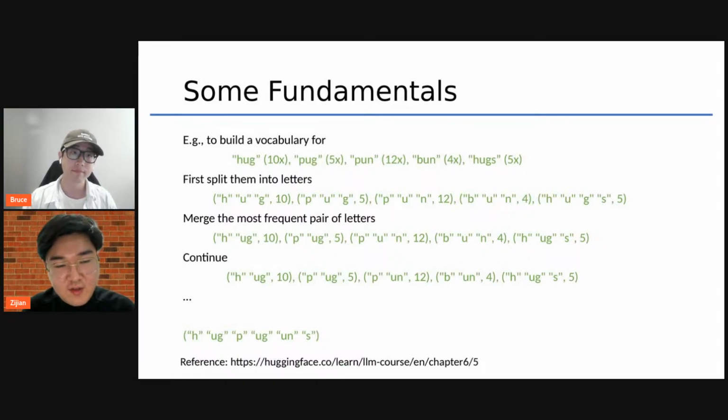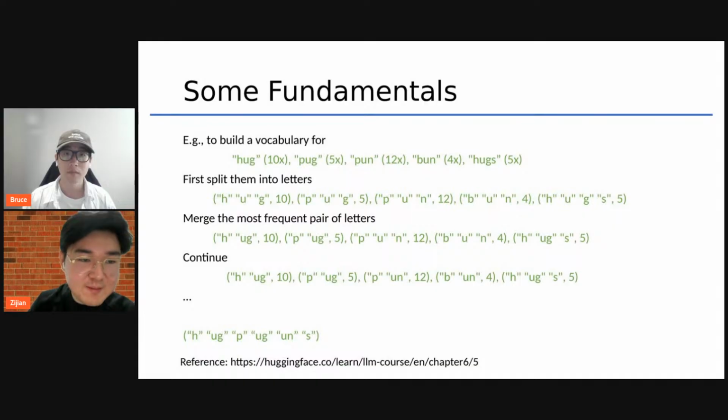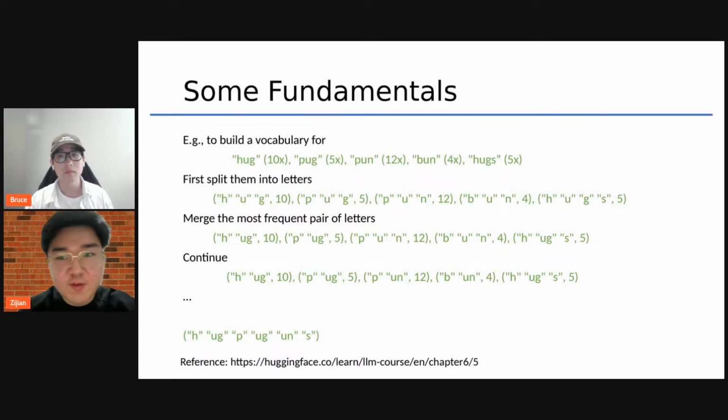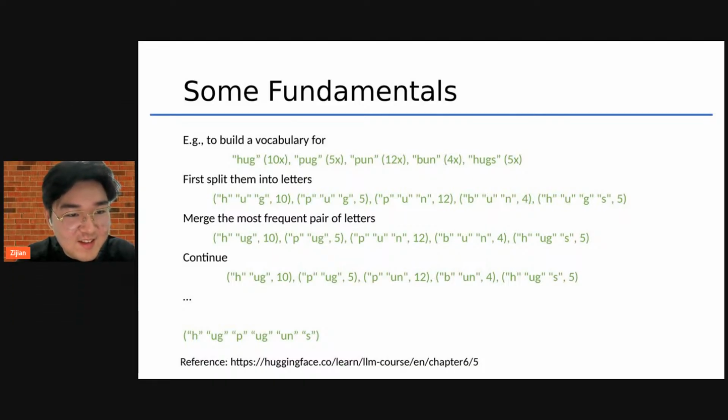Another advantage is that you can actually tell the BPE what your preferred vocabulary size is. For example, in 2023, most of the language models had a vocabulary size of around 10K. Now it's crazy. I think the newest Qwen model has already reached a very large vocabulary size.